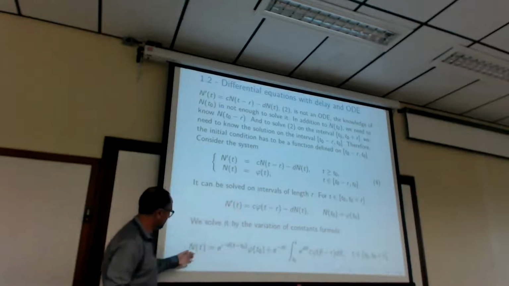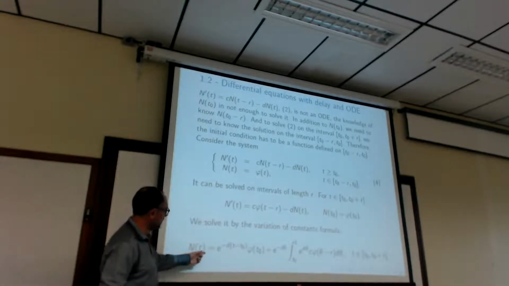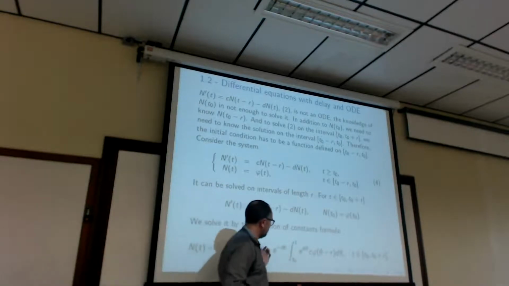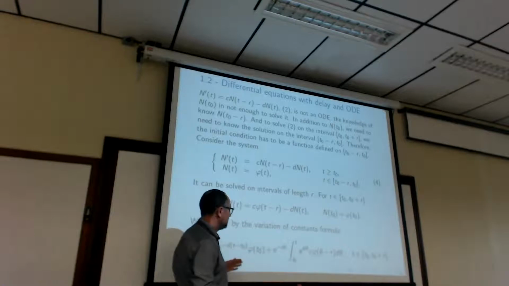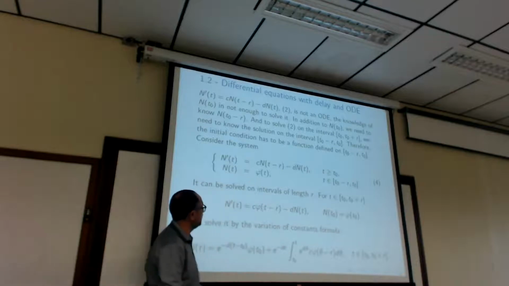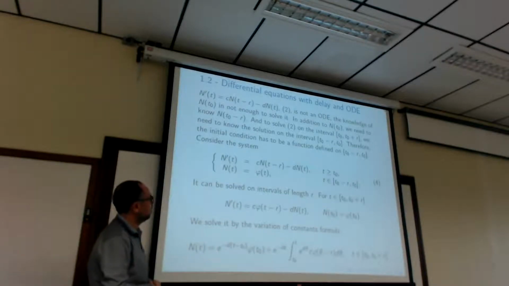And this solution is explicit because we can compute it in terms of this function that we know here and here also. That means we have explicitly the solution of the delay differential equation if we take an initial condition on the interval t0 minus r, t0.